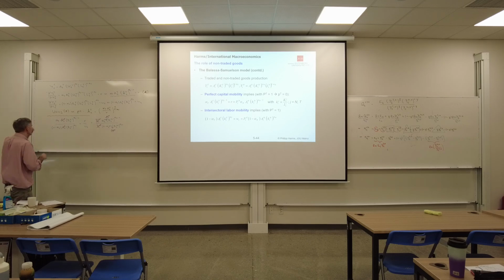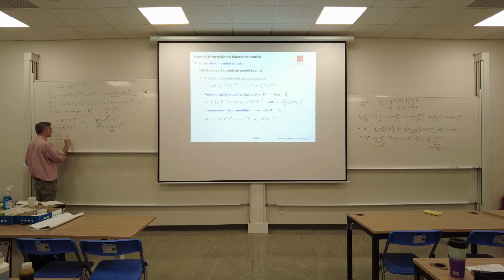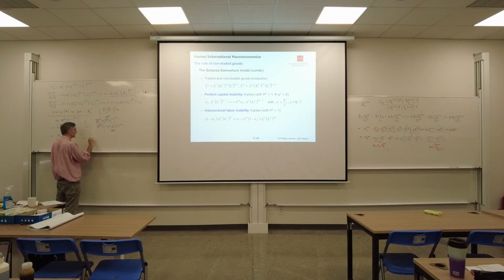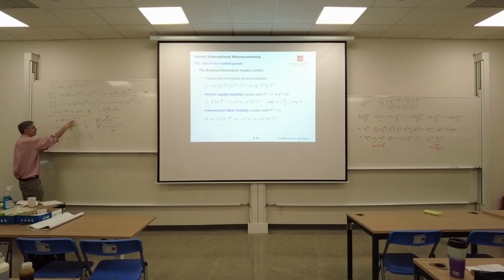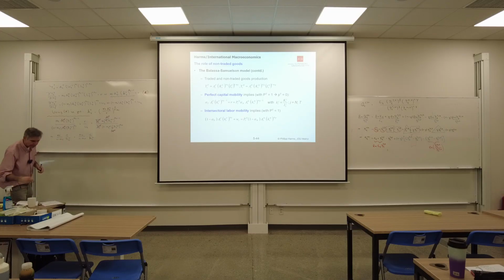Good. So that's equivalent to saying alpha T over 1 minus alpha T times 1 over KTT equals alpha n over 1 minus alpha n times 1 over KTN. Why? Well, because this is KTT to the power of alpha T minus 1, and this is KTT to the power of alpha T, so these cancel out. Same thing here.